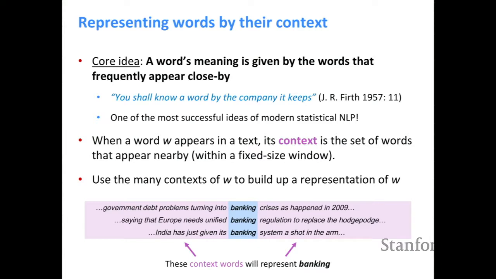So what does that mean? Well, when a word W, which we'll usually assign now as some kind of ID, appears in a text, then its context is just a set of words that appear nearby. And so what does nearby mean? In most cases, we'll define a window. We'll say a window of 5 words to the left and 5 words to the right of that word describe it.